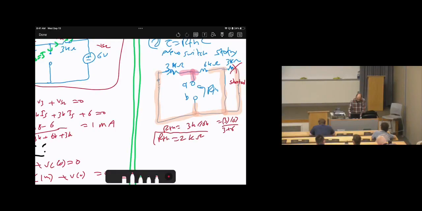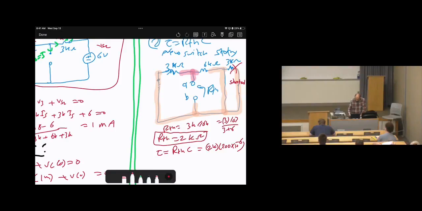Now our target is not only to calculate R Thevenin, but to calculate tau. Tau, which is R Thevenin times C, which is 2 kilo times C, where C is given as 200 microfarad. 200 times 10 power negative 6. You need to be familiar with this, written as mu F. Micro is 10 power negative 6.